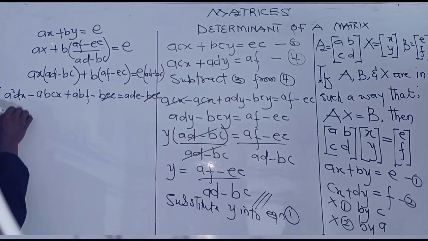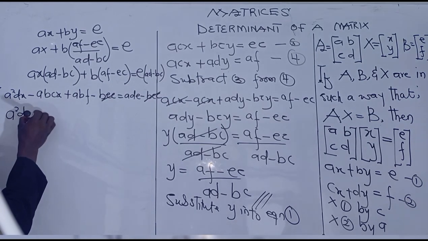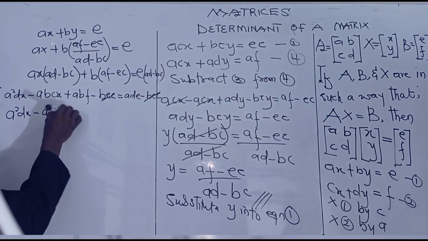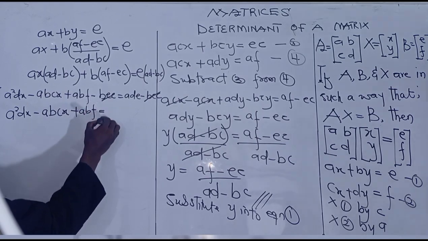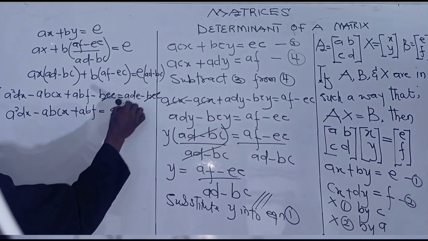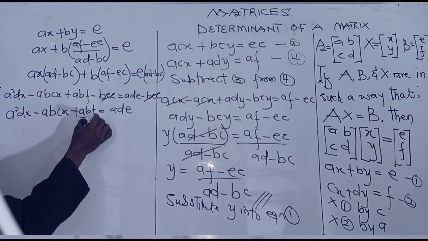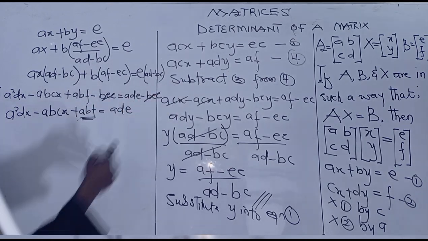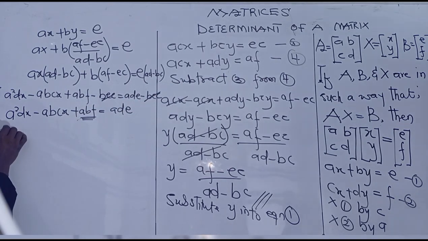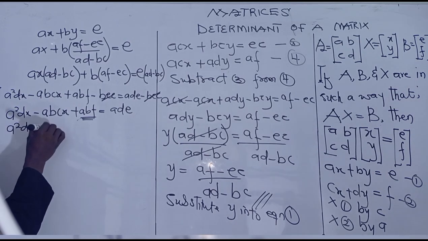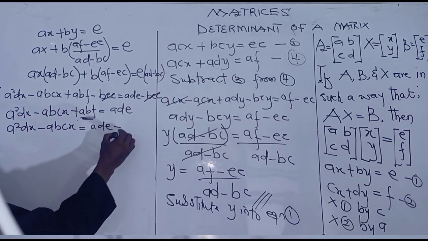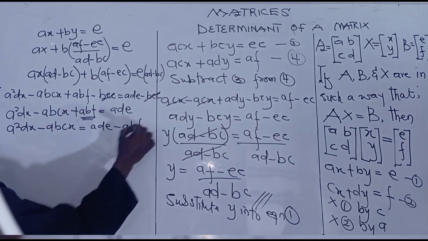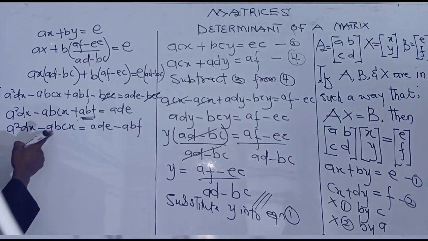So we are left with A squared DX minus ABCX plus ABF equal to ADE. Let's transpose this term to the right-hand side, and we are left with A squared DX minus ABCX equal to ADE minus ABF.